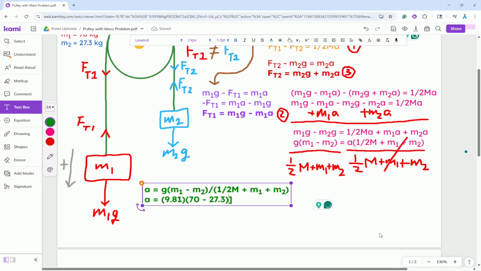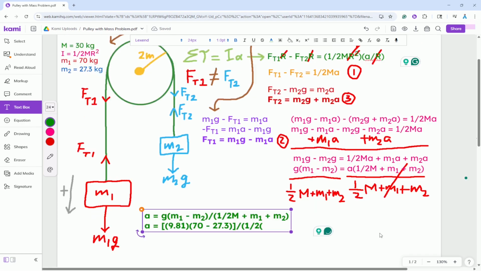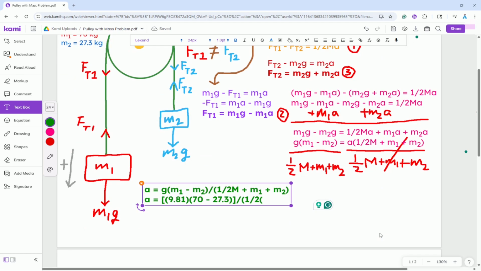And I would put this in brackets on a calculator. Separate these, it's important. Divided by 1/2 of, what's the mass of the pulley? 30 kilograms. Plus M1, we already have 70.